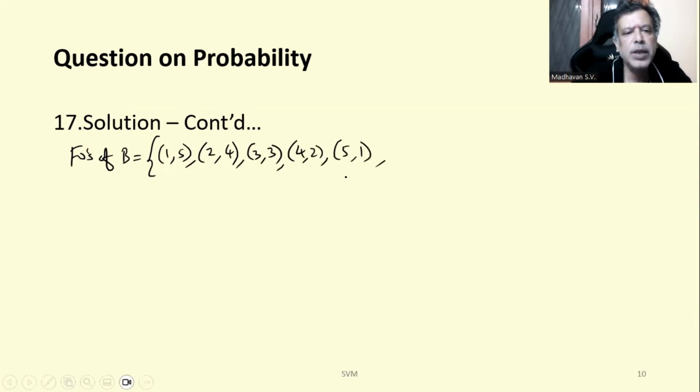These are the possibilities of sum to be 6. For 12, it is only 1, 6, 6. Which means number of favorable outcomes of B is equal to, let us count it, 1, 2, 3, 4, 5, 6. So there are 6 possible outcomes.